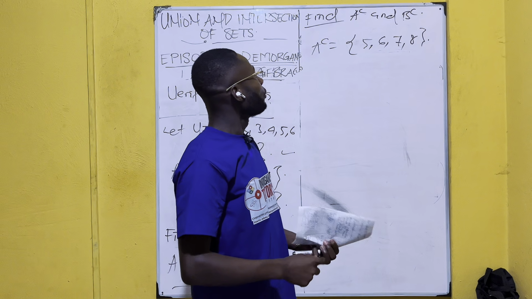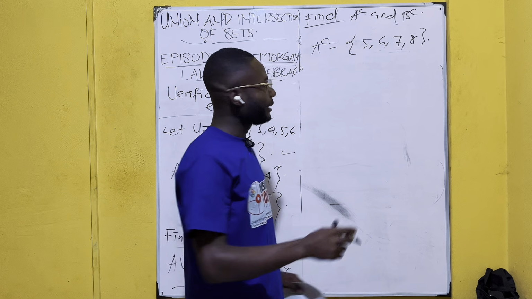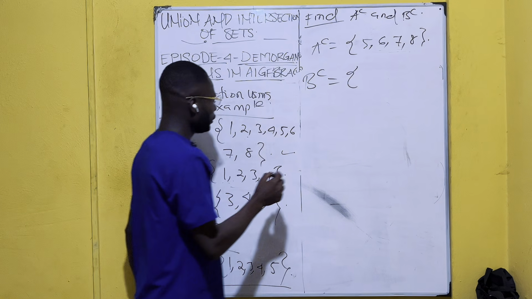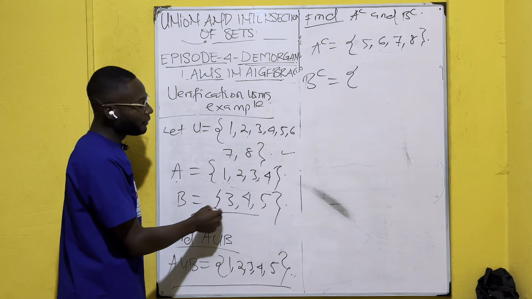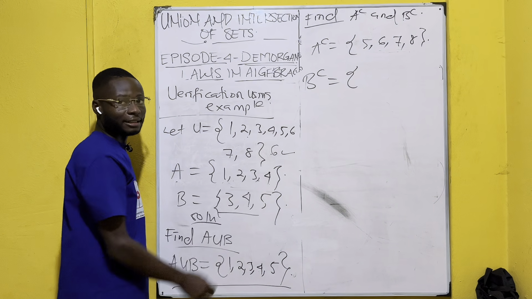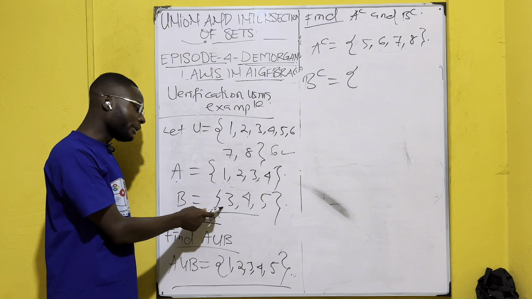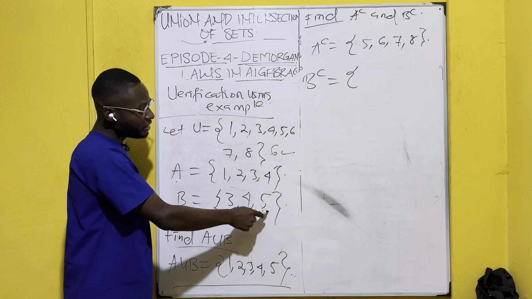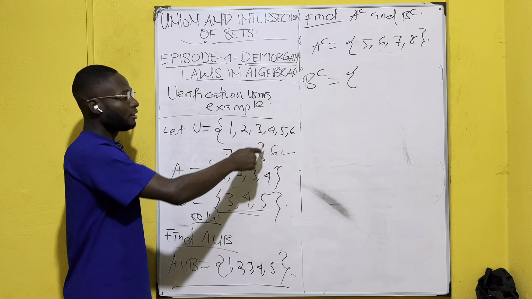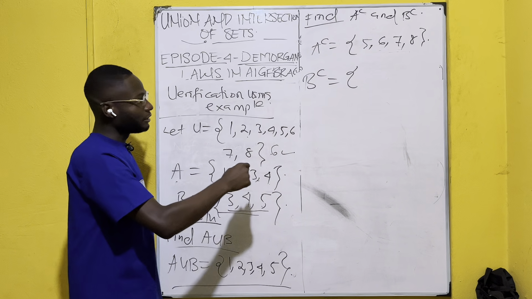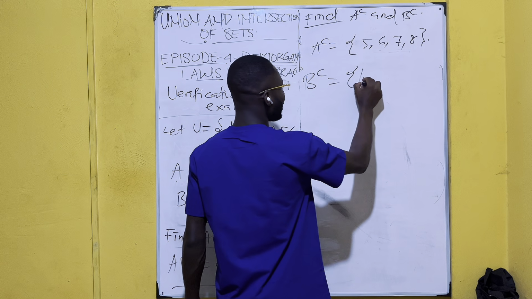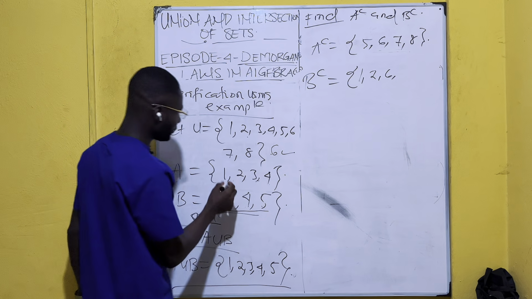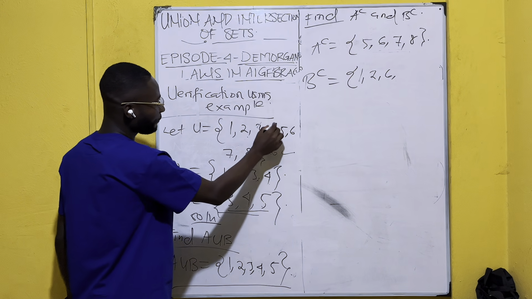Now, we want to find B complement, right? B complement is the same process. So we subtract B from the universal set. So B here contains the objects 3, 4, and 5. So we take 3, 4, and 5 from the universal set. So it's going to be left with 1, 2, 6, because we are taking 3, 4, and 5.